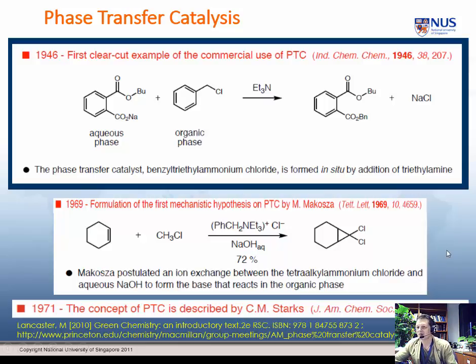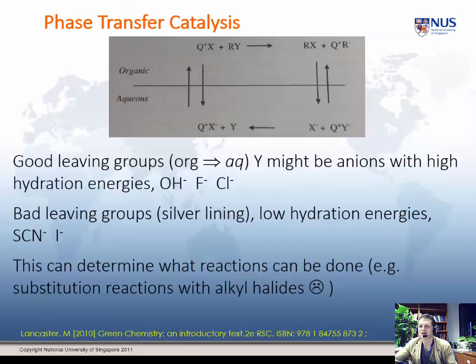It was a while later though before people, I think, really realised what was going on, and probably Makosa in '69, and here's another very nice example of a phase transfer reaction, actually worked out what the mechanism might be. 1971 was probably the clearest early statement.